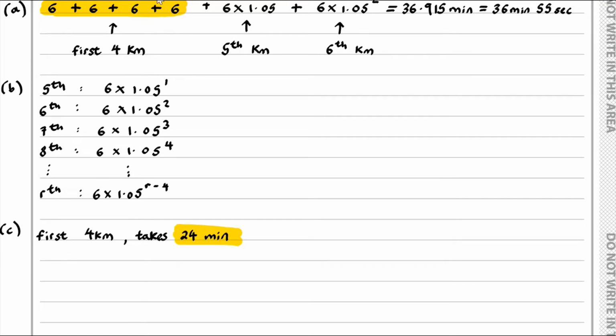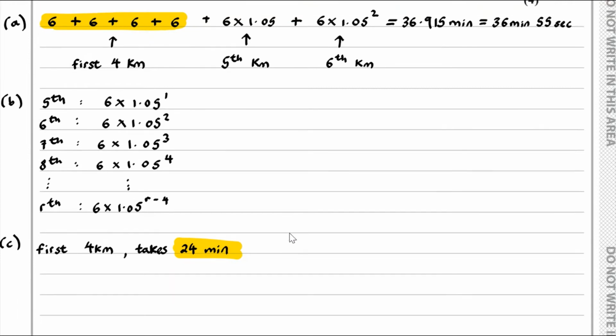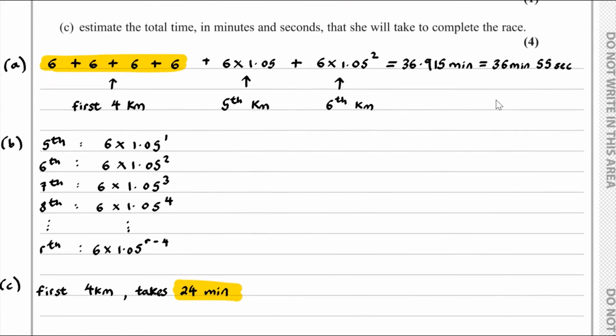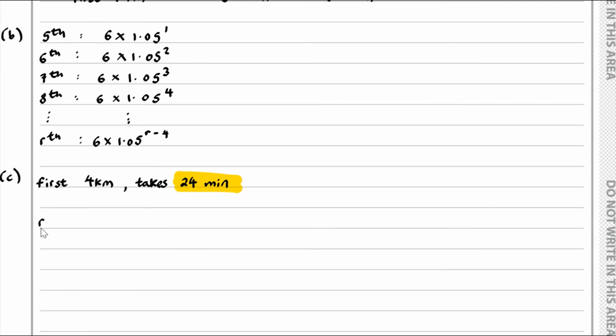Okay? And now we're looking at the rest of the 16 kilometres, so to speak. Essentially, we're looking at the 5th to the 20th. So for the 5th all the way up to the 20th kilometre, because we're adding all these terms together, adding the 5th, the 6th, the 7th, the 8th, etc. all the way up to the 20th, we have for the rth term a geometric sequence.